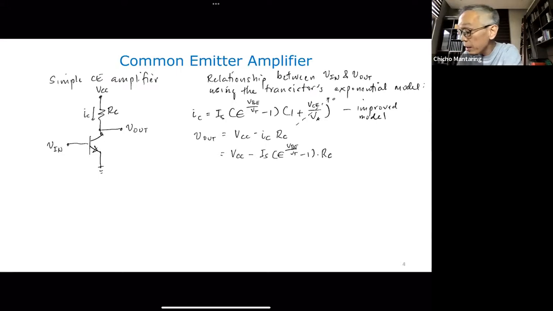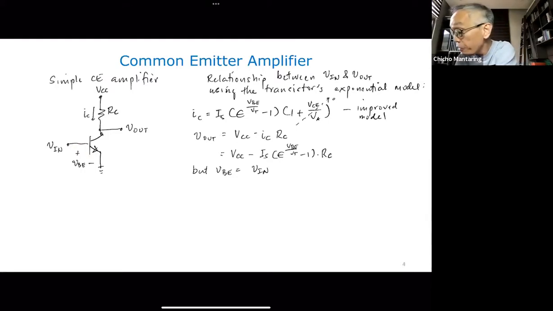But note also that VBE is equal to V in. If I do a KVL, V in minus VBE minus 0 is equal to 0. So VBE is equal to V in.